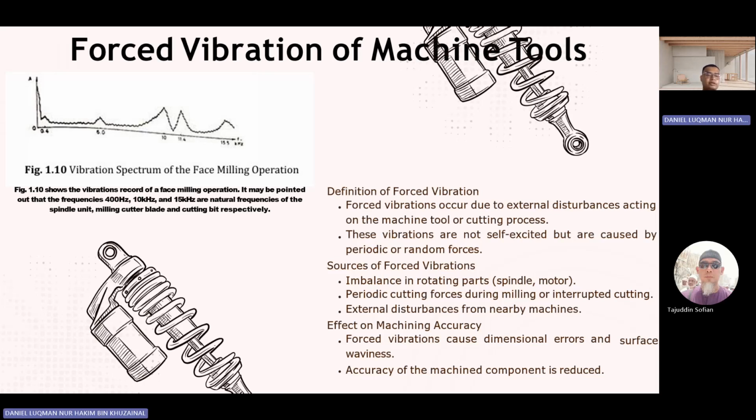The effect on machining accuracy: forced vibration causes dimensional error and surface waviness. Accuracy of the machine component is reduced. So there are still other forces that interact with the machine, such as the rotating parts that can make the machine more unstable.